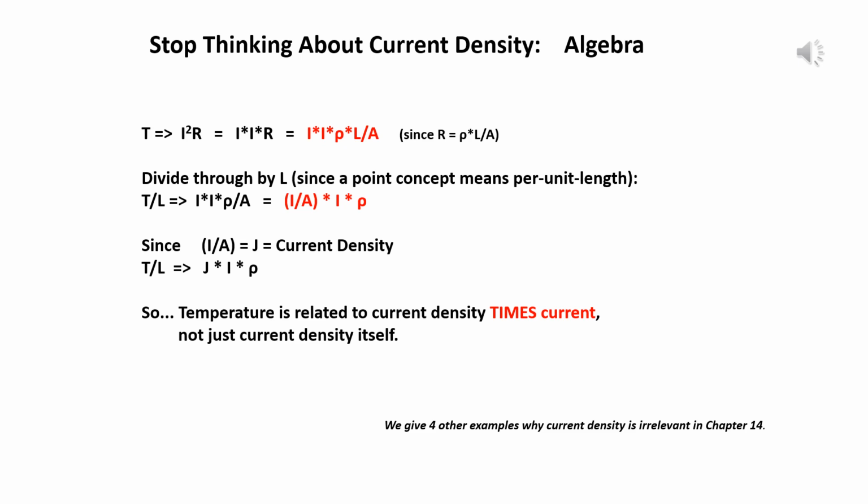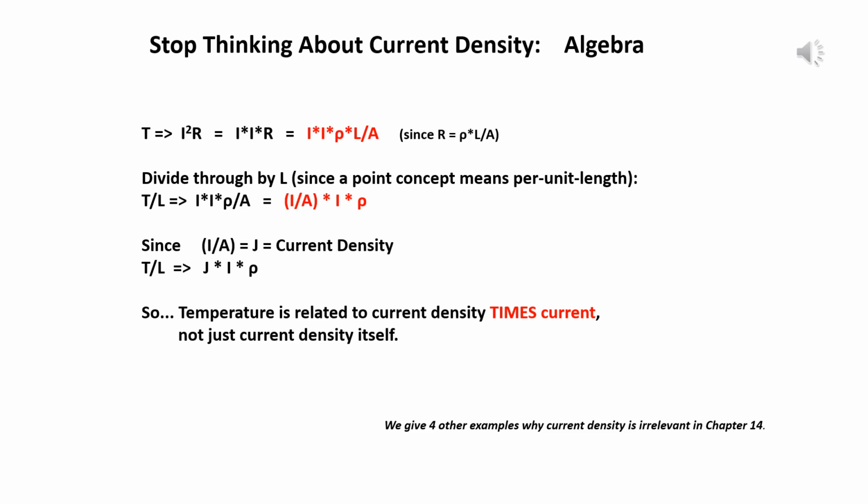If we collect the area term underneath one of the I terms as shown here, we also get that the temperature per unit length is related to the quantity I over A times I times rho. Now, since the quantity I over A equals the current density by definition, which we refer to by the letter J, then what we end up with is that the temperature per unit length along a trace is related to the current density times I times rho.